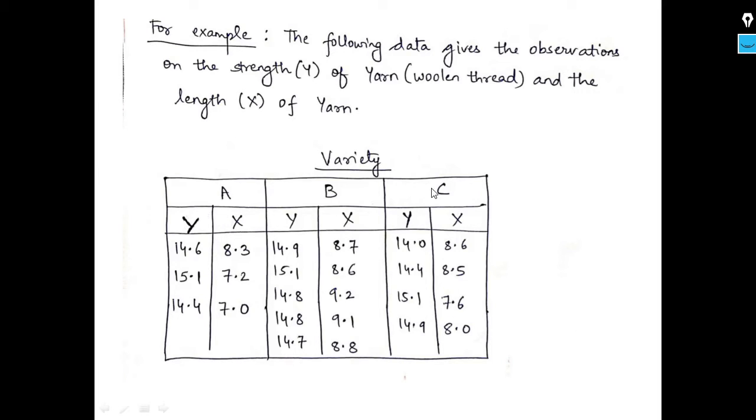Similarly for variety B and variety C we collect observations of strength and length. This is an example of ANCOVA in a completely randomized design. Now we will discuss how ANCOVA works in a completely randomized design and how we test our hypothesis.